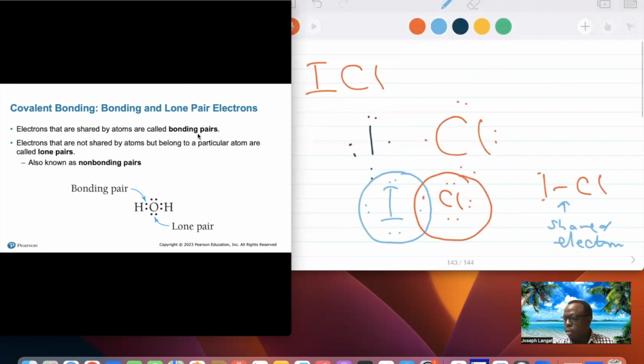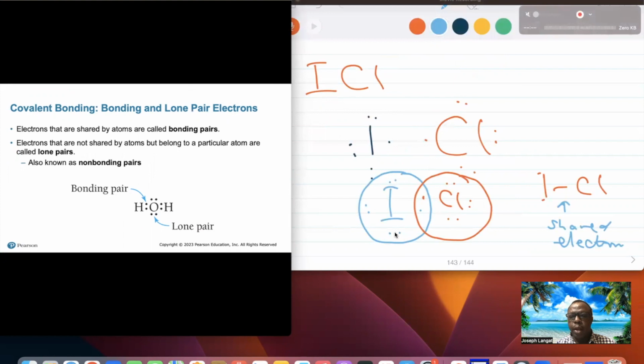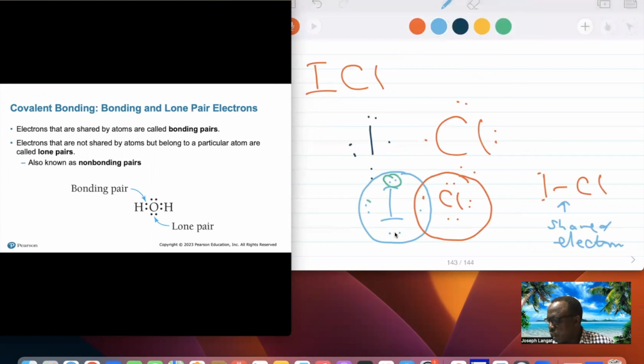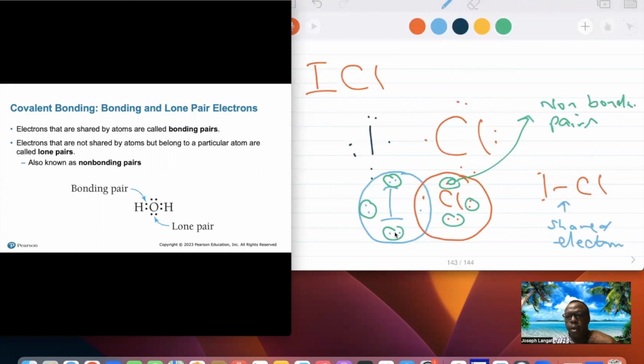In this molecule, these are the non-bonding pairs, and here these 2 right here are the bonding pair.